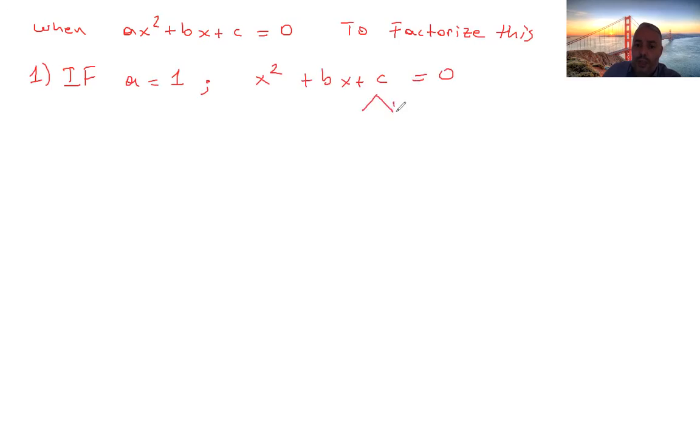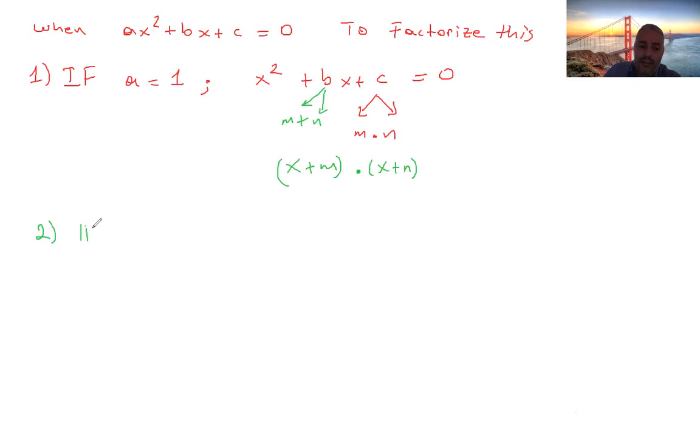We find two numbers, m times n, and then we have to check b is equal to m plus n. If it's satisfied, we say x plus m times x plus n.